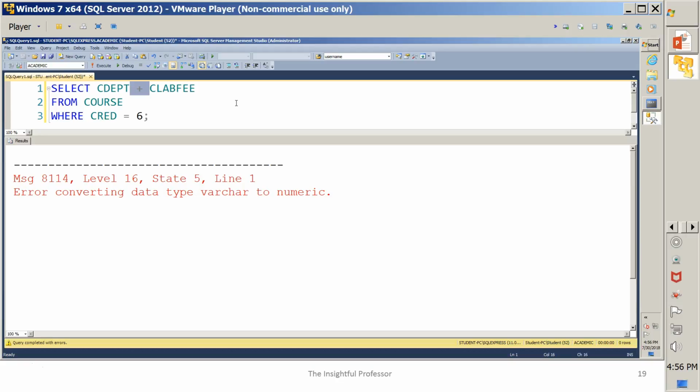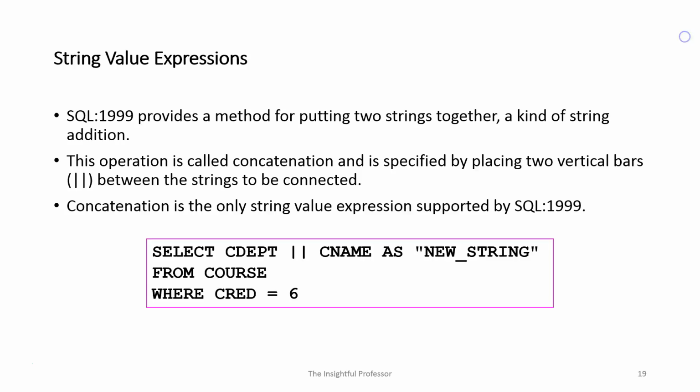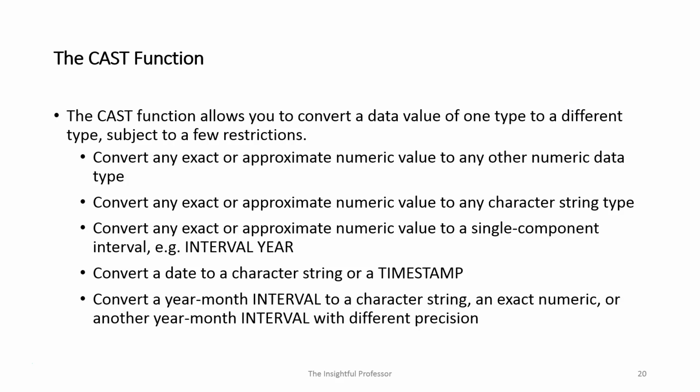Well, there's a special operator that we're going to take a look at called the cast operator. Rather than relying upon implicit data type conversion, we're going to have to tell the system what we want done explicitly. And that's accomplished by using that special operator that I've mentioned called the cast operator.